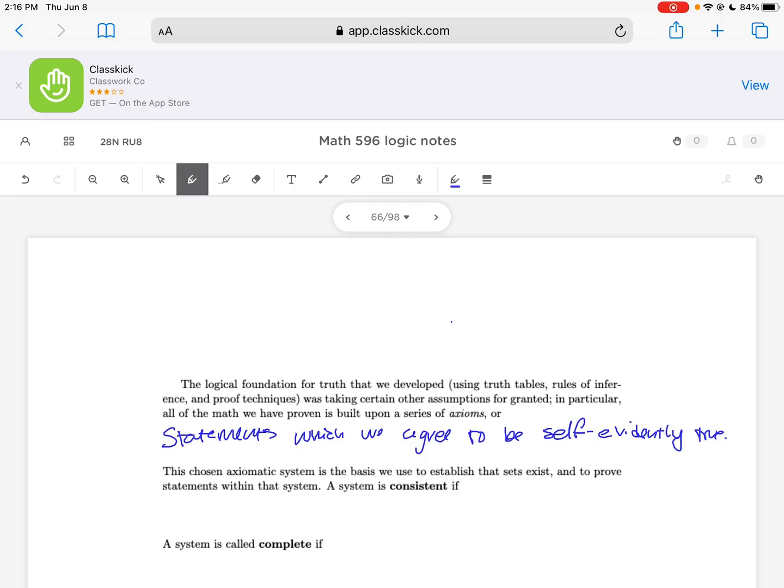Now, this chosen axiomatic system is going to be the basis that we use to establish, first of all, that sets even exist, and then to prove things about those sets, to prove certain statements within that system. It's worth pointing out that the axioms that you choose to accept have an impact on what you're able to prove.